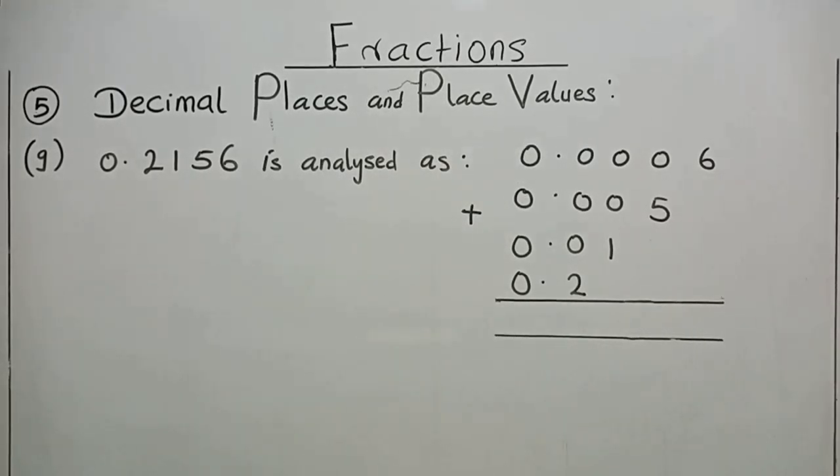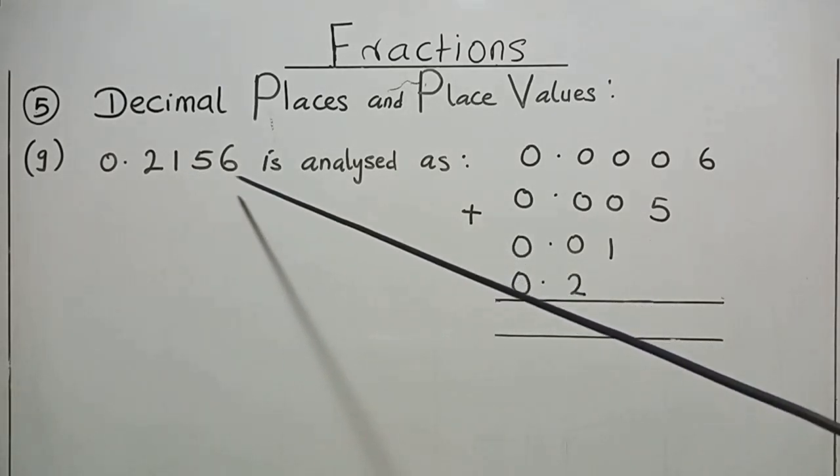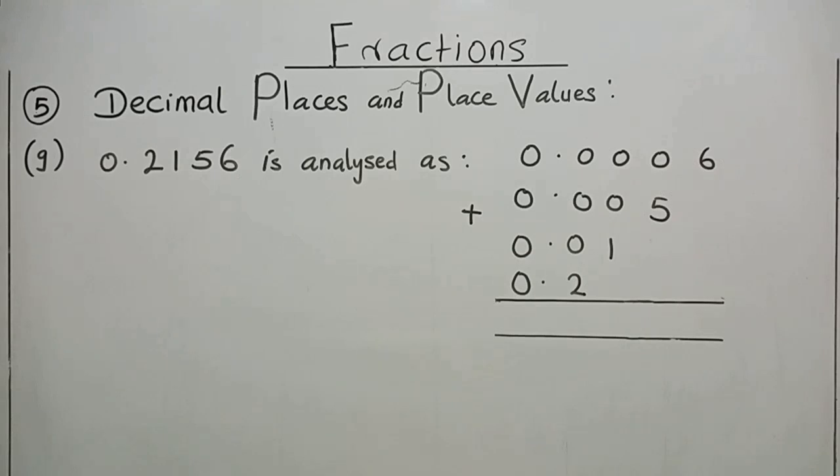To be sure that we are getting it right, please let us add up these decimal fractions so that we check the answer which we want to write in this space, and afterwards we compare the answer with this 0.2156. Let us add, please.